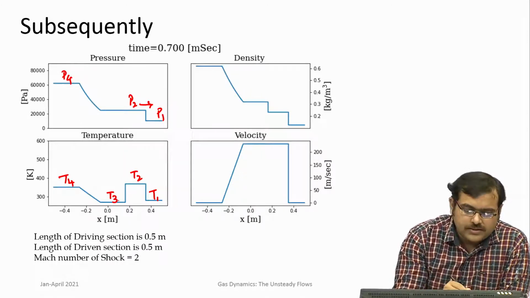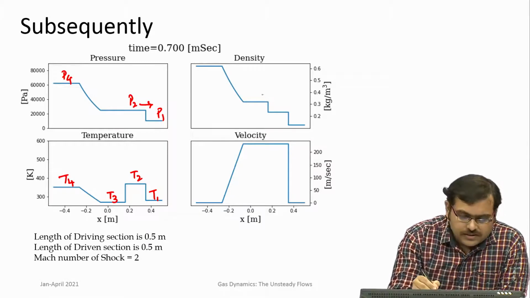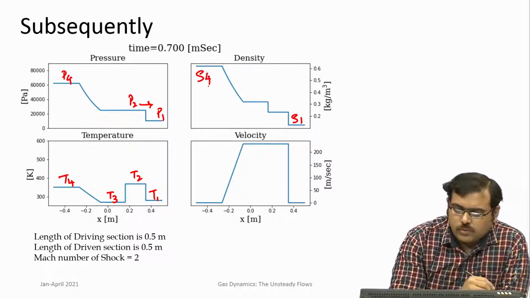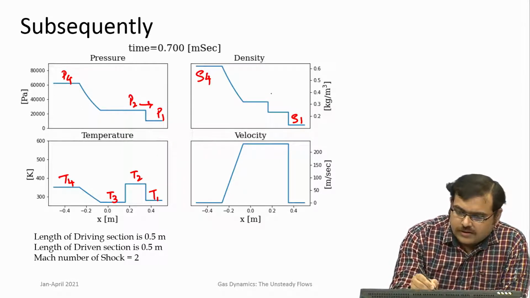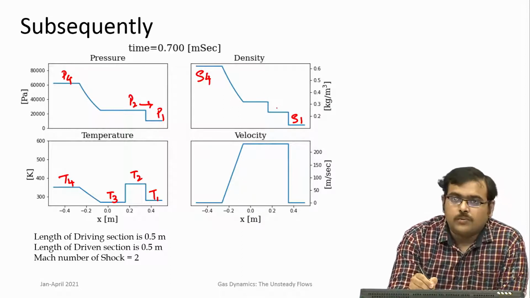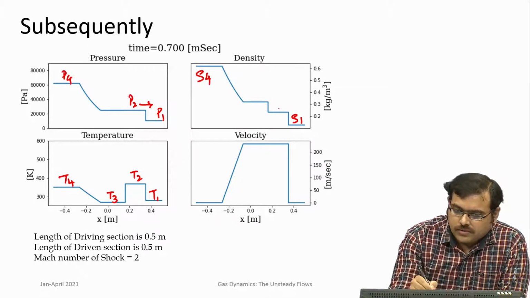So, this discontinuity in temperature also manifests in a discontinuity of density. This is consistent with the ideal gas law. So, this is density rho 1 and rho 4, this is the contact discontinuity. So, when you want to look at a contact discontinuity, it is always good to look at the density profile.